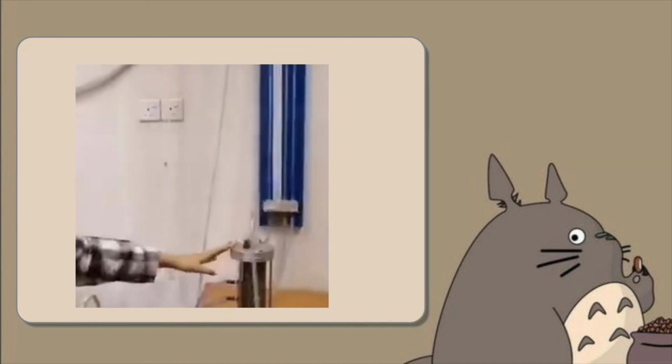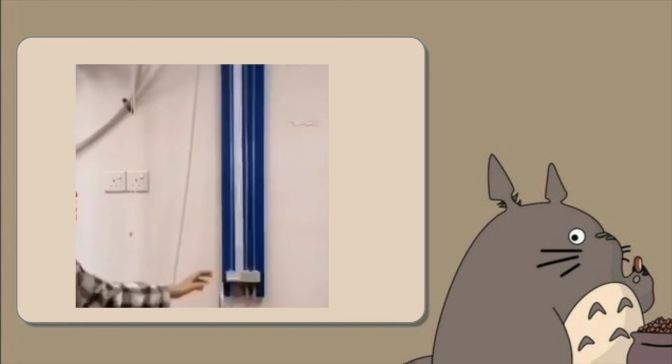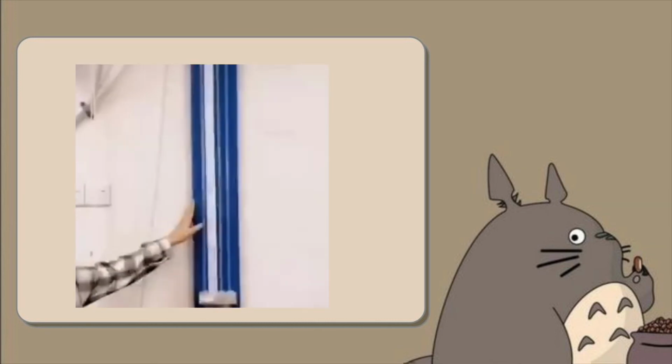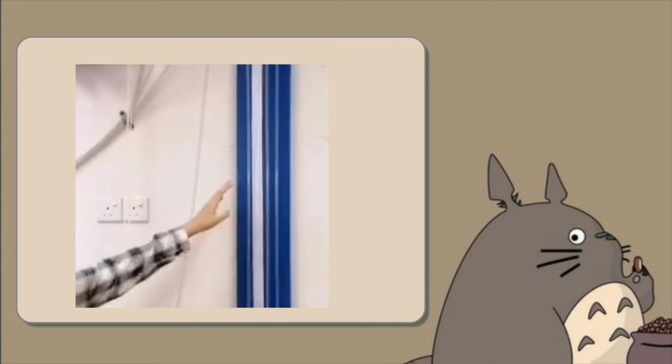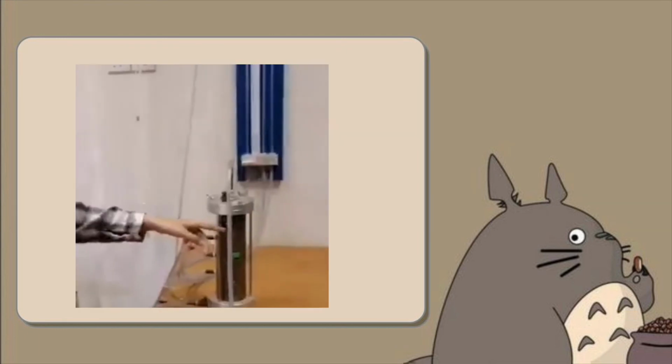The water will flow into the standpipe. Wait for the water inside the standpipe to be constant at a steady state. The water will flow out from the outlet and into the measuring cylinder.